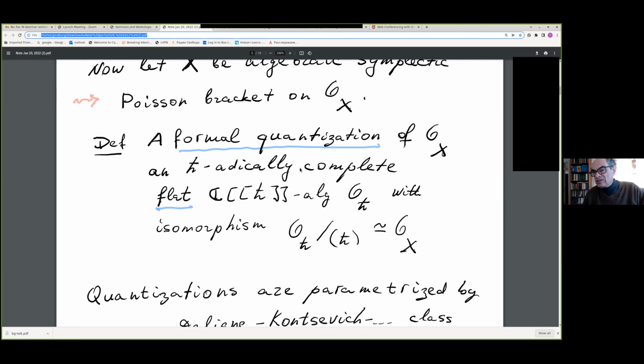The algebras are just formal power series in h bar. And the algebras usually are not commutative, because the whole point of quantization is to replace the functions on X by some non-commutative algebras. But modulo h bar, they reduce to functions.